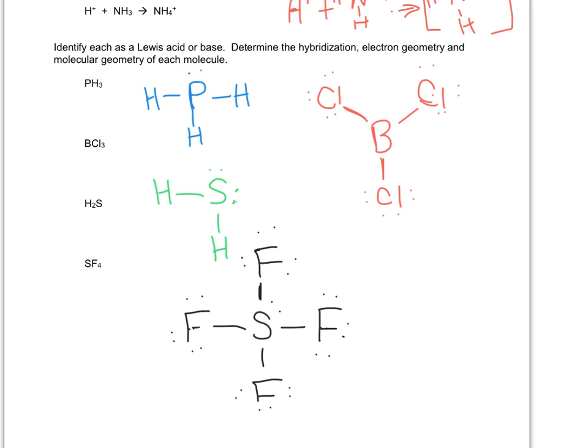To determine the Lewis character, we want to see if we have an electron pair to donate, or a vacancy to accept an electron pair. Right here we can tell that it does have an electron pair to donate, so this is going to be a Lewis base.